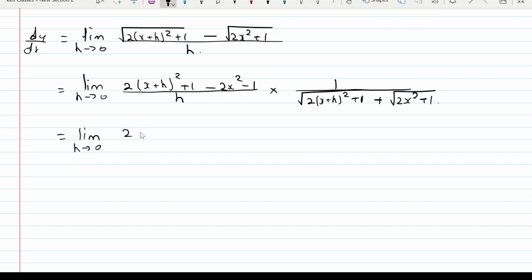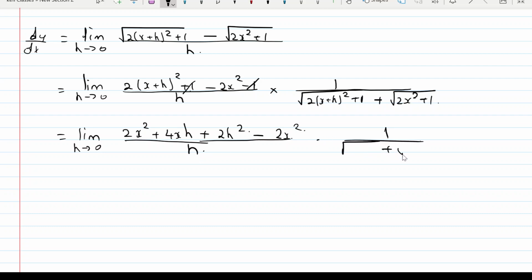This is 2 times x square plus, now it is 2xh, so this will become 4xh plus 2h square minus, तो ये plus 1 and minus 1 cancels, minus 2x square divided by h into 1 upon root of this plus root of this. Okay.